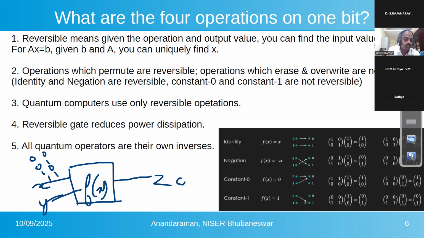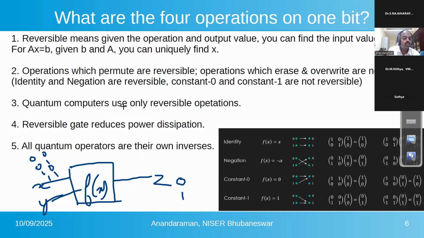If the output is always 0, that is constant 0. If the output is always 1, it is constant 1. A constant function cannot be reversed. For example, if the output and the function are given, for 00 it generates 0, for 01 also 0, for 10 also 0, for 11 also 0. That means you cannot find the input value, so it is not reversible.